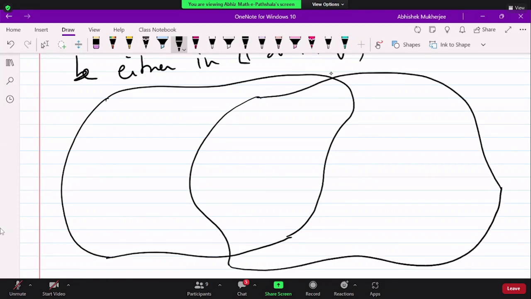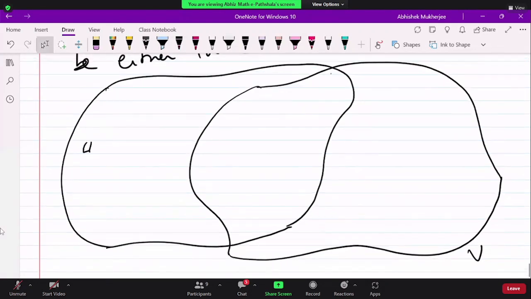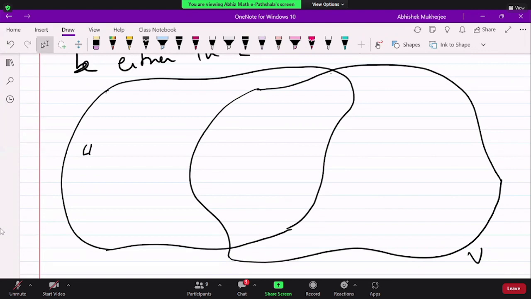So this is your U and this is your V, constituting the X. And we are specifying a point here, which is in U intersection V, and considering a loop based at X naught, which is gamma.